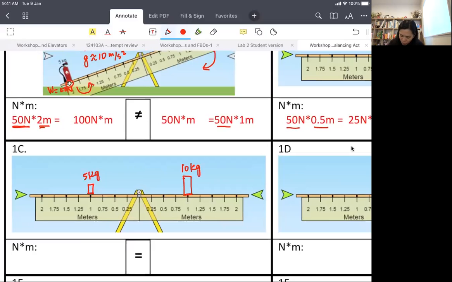So where do you think I should put my 10 kilogram mass for the beam to be balanced? Well, we can work this out. This one will give you a 50 newton weight, and this one will give you a 100 newton weight force. If you work out the torque on the left, it is 50 newtons times 1, lever arm is 1.